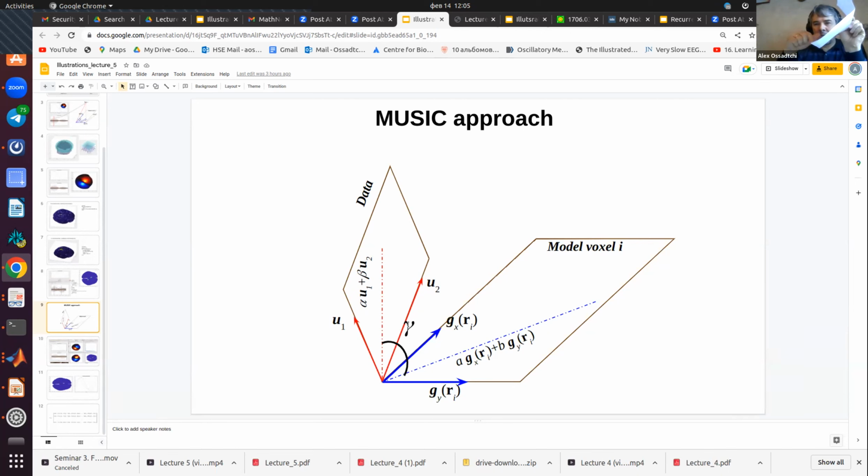I can combine them with some coefficients from these to get this vector, and with another set of coefficients to get this very same vector from these two. Then these vectors will align exactly, and therefore the angle will be 0. I will say that these two two-dimensional subspaces have one dimension in common.